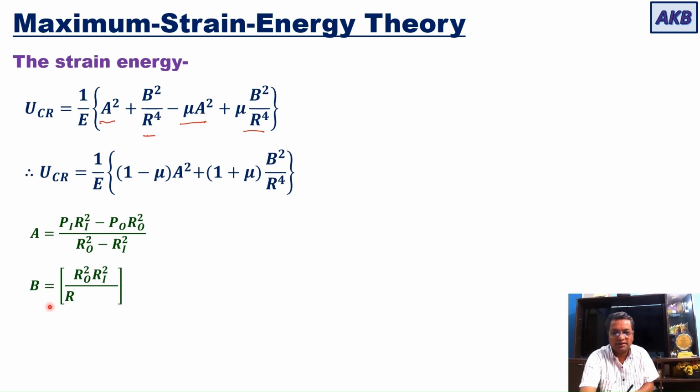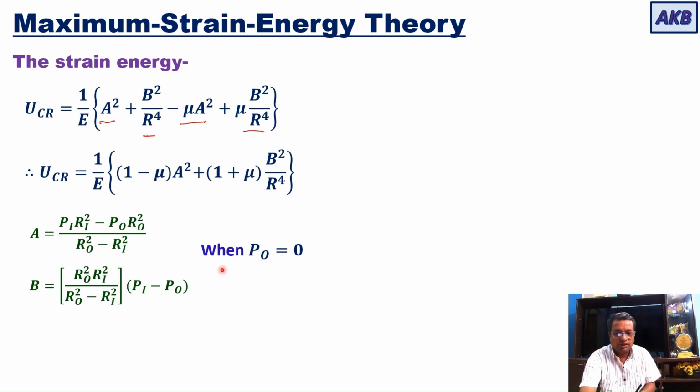And B is given as ro square into ri square divided by (ro square minus ri square) into (Pi minus Po). I have discussed how these two equations are obtained in my earlier video. You please watch those videos.